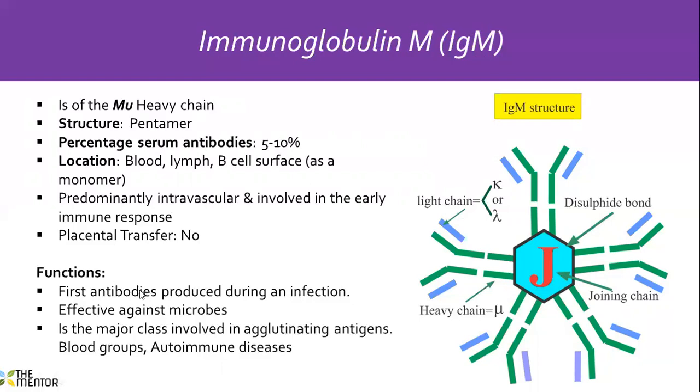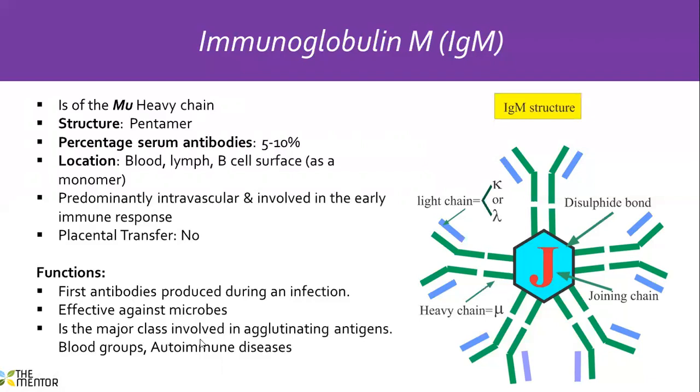The functions of immunoglobulin M: it's the first antibody produced during an infection, it's effective against microbes, and it's a major class involved in agglutination, agglutinating antigens. This is also important in blood groups.